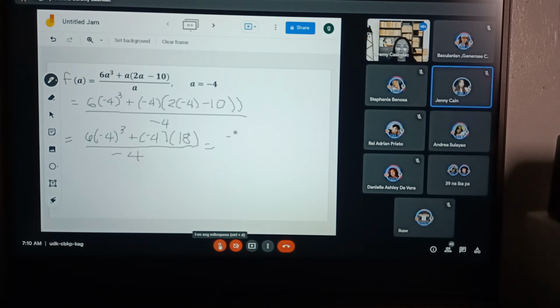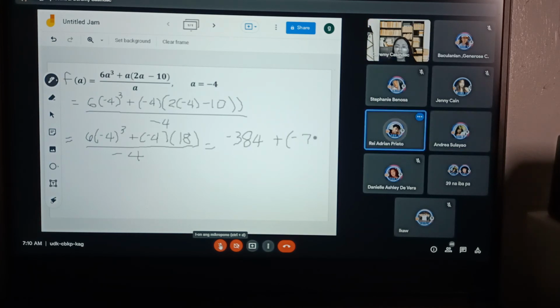Yes po. Okay. So that is negative 384 plus, okay, we have now negative 4 times positive 18. So what would be their product? Negative 72. Tama ba? Ay, sorry, 72. Ayan. Okay, divided by negative 4.